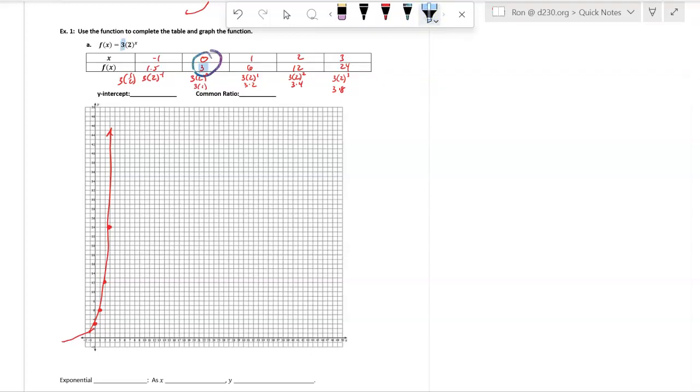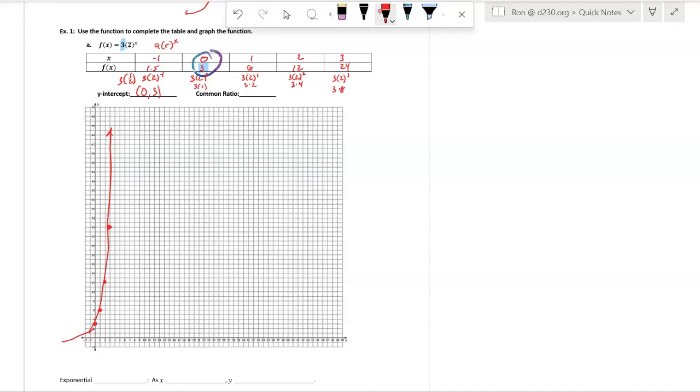Yeah, right there. Your y-intercept, we talked about before that this is a times r to the x. Your y-intercept's always going to be 0, whatever that amount is. So your y-intercept is going to be your a value. Your common ratio is, what am I multiplying by each time here? 2.